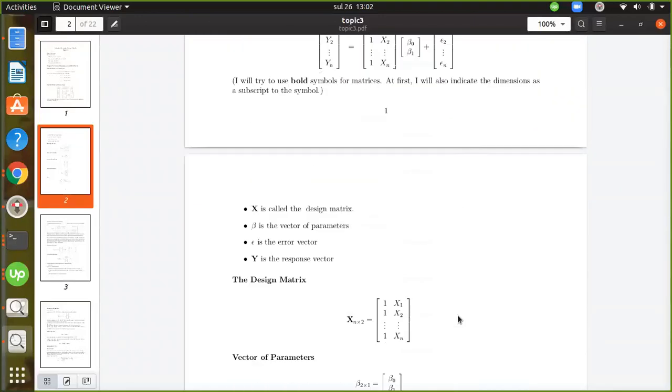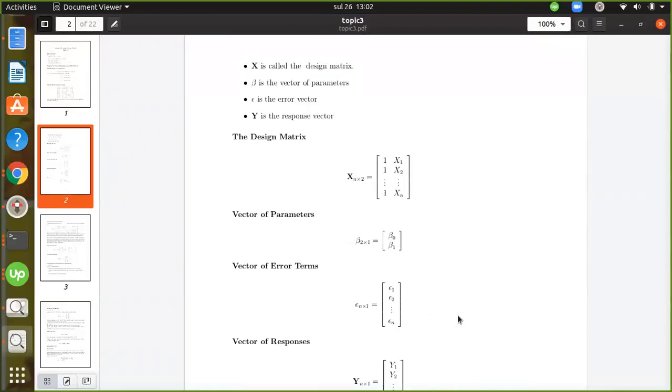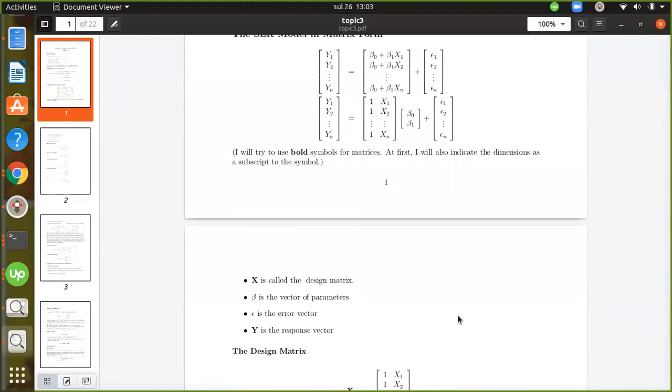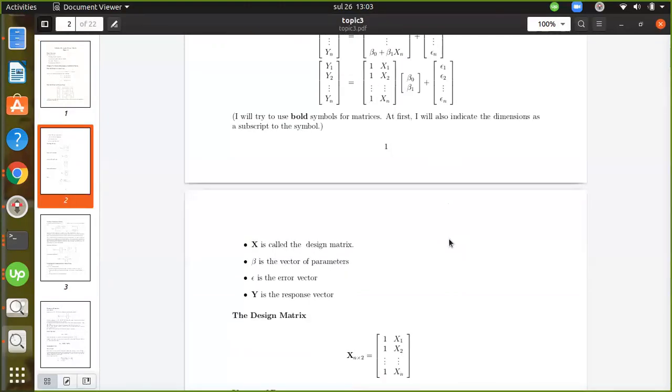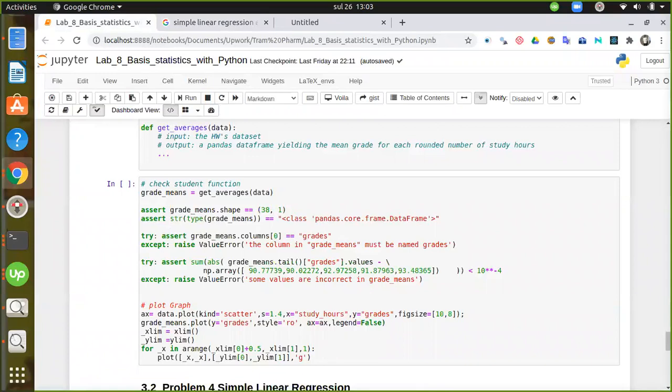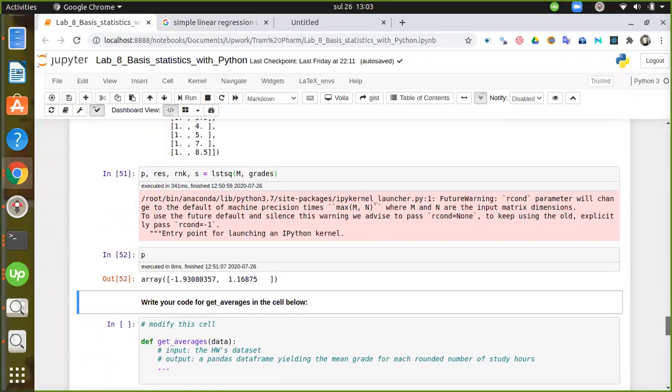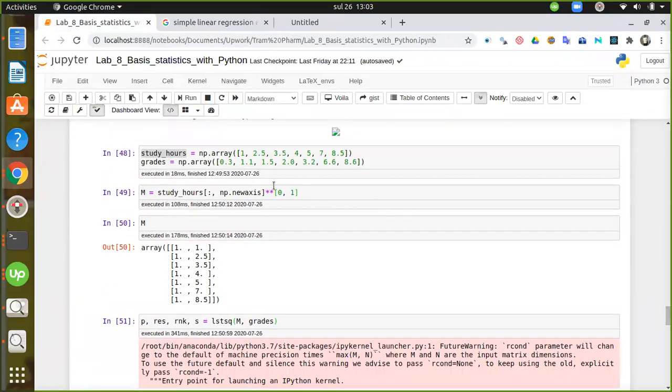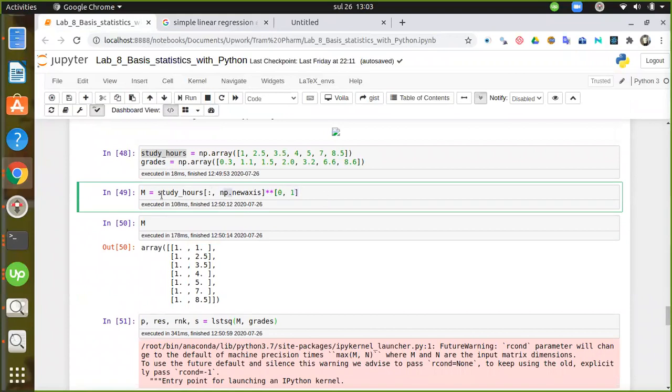Now, to make the transformation back, y equals X times the vector of weights plus error. When I was using np.newaxis, you saw before, it was for having the matrix with the ones and the study hours here. Study hours, all the values, np.newaxis.